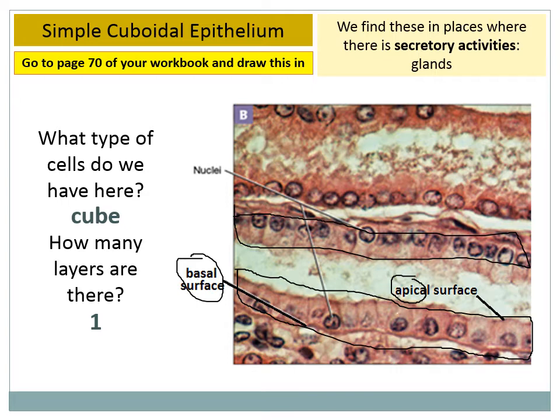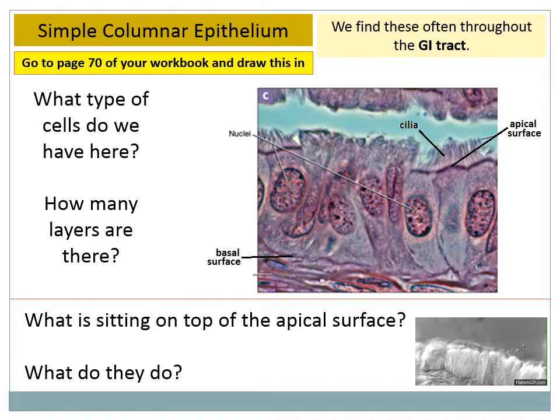This is simple cuboidal epithelium. We find these in places where there are secretory activities. Secretory just means that we're secreting stuff. So we find cuboidal cells where things are secreting. Glands are a great example of where we would find a simple cuboidal epithelium.